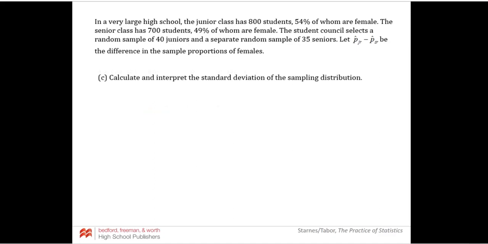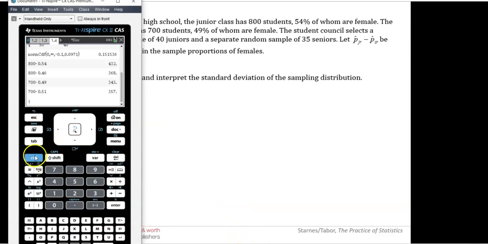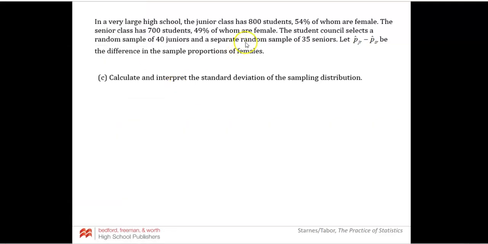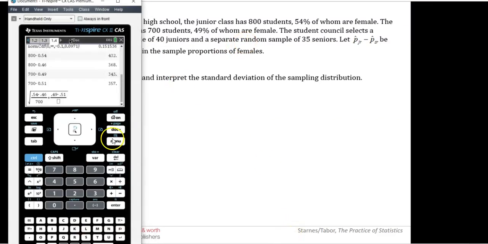Calculate and interpret the standard deviation. In that one, again, we get the calculators out and do the formula. So the square root of the fraction: 0.54 times 0.46 all over 700, plus 0.49 times 0.51 all over, what was the number? 800 for that one, 700 for that one.